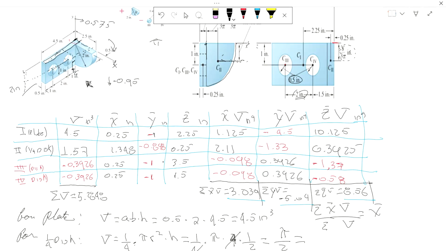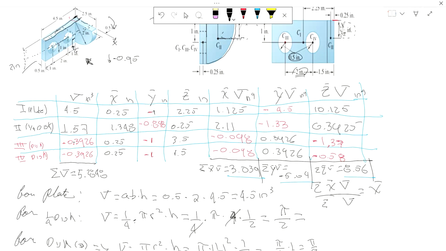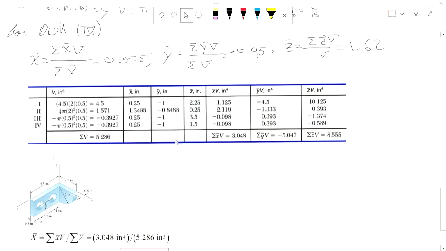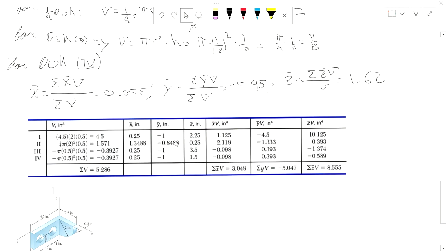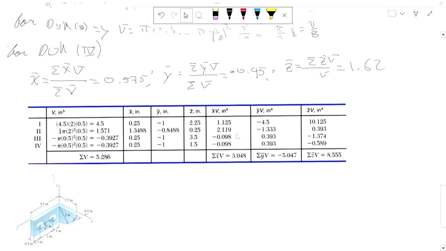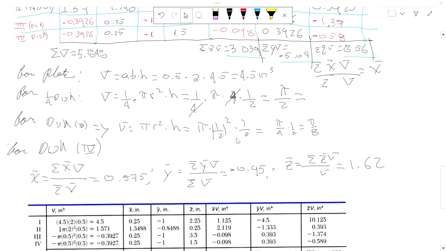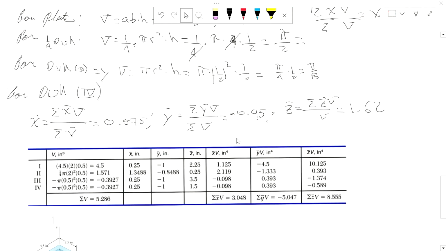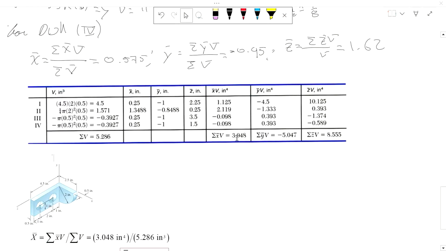Okay, so now that we found that, let's go ahead and complete this table. Now we only have to compare to our answers. Their summation of volume is 5.28. Okay, we got it. 3.048, 3.03. Okay, negative 5.47. Yep. 8.55. Yes, 8.56 we got.